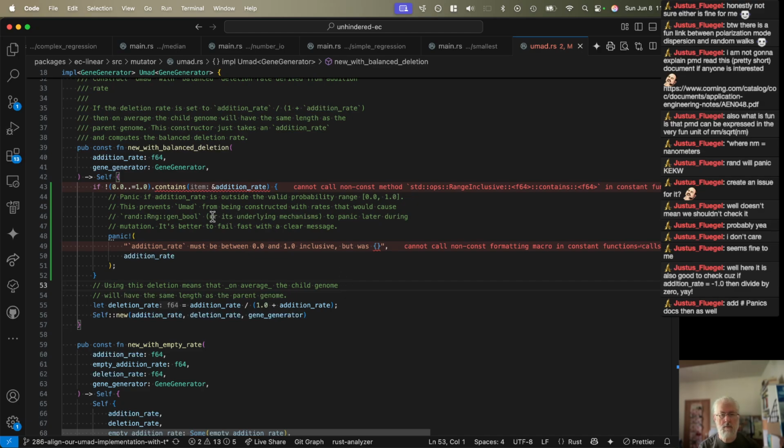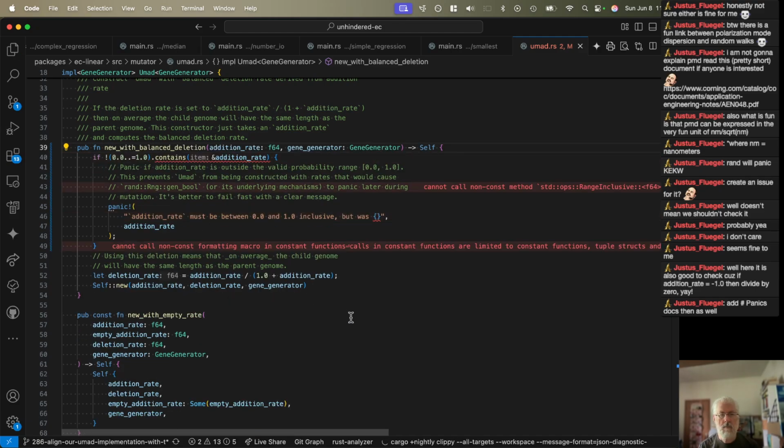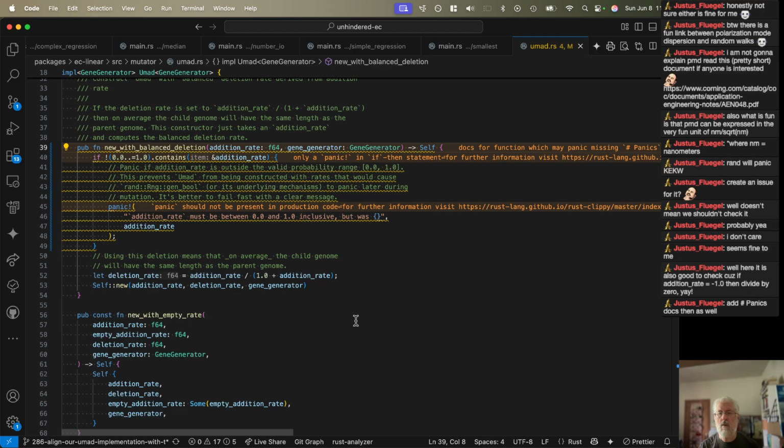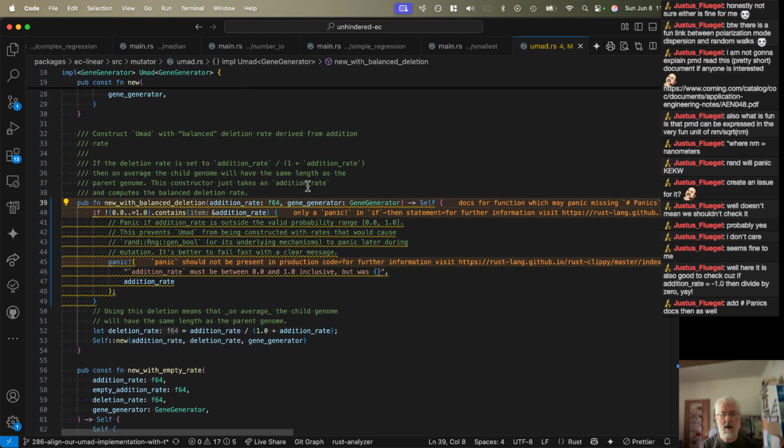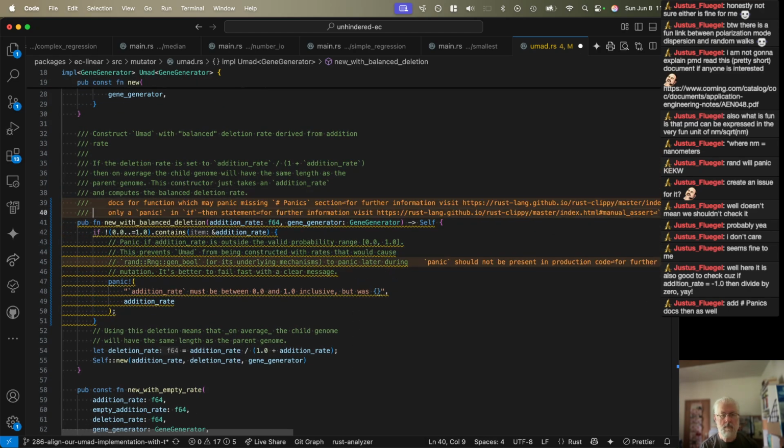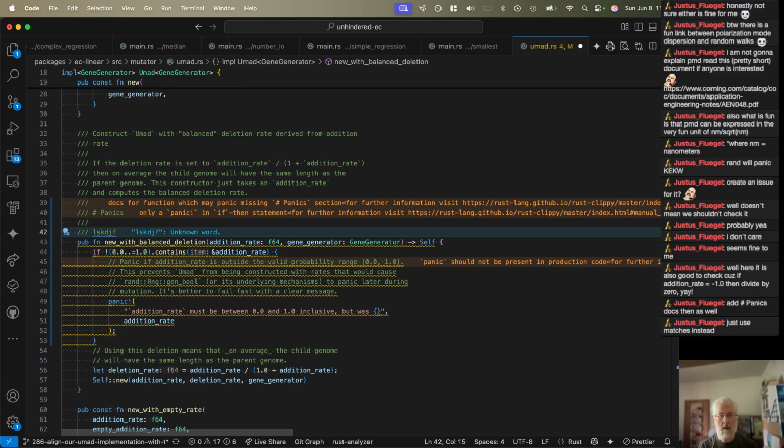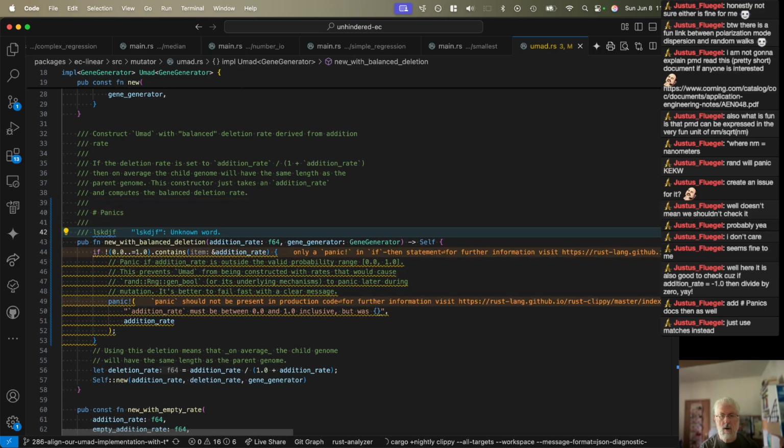Yes, good point. So contains is not const. Whoa, hello. Oh, that's just the panic. Oops. Panics. Does that make that go away? Use matches instead.